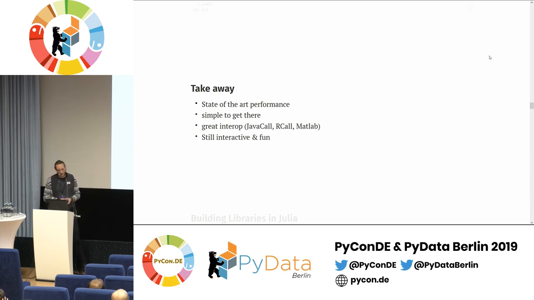And the takeaway from this is Julia does offer state-of-the-art performance. It's relatively simple to get there, and it has great interop. There's also even JavaCall, RCall, and you can call to MATLAB, which I haven't showed. And while offering all of this, it still stays interactive and fun.